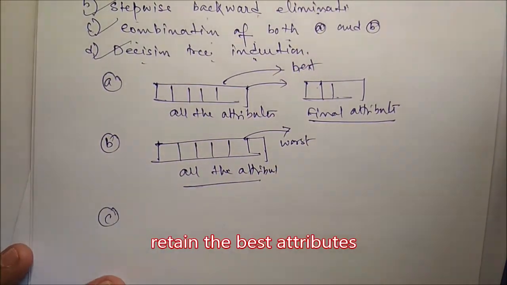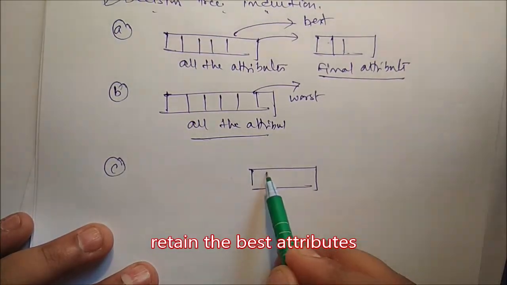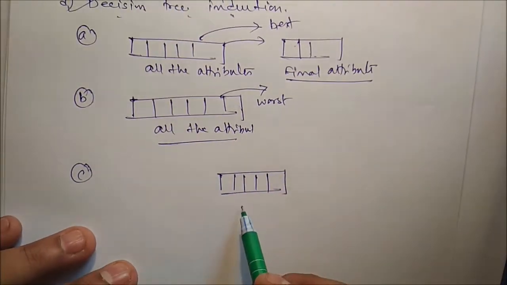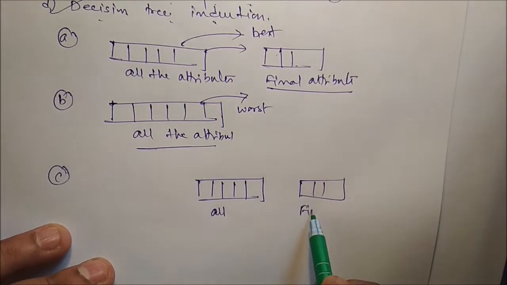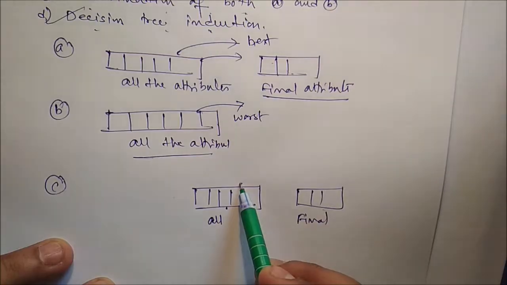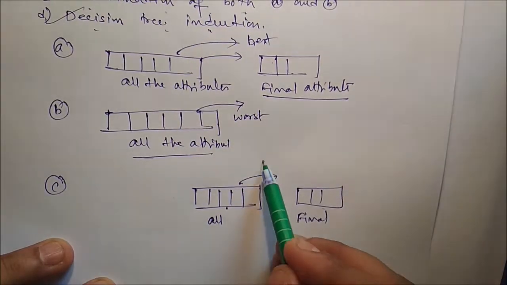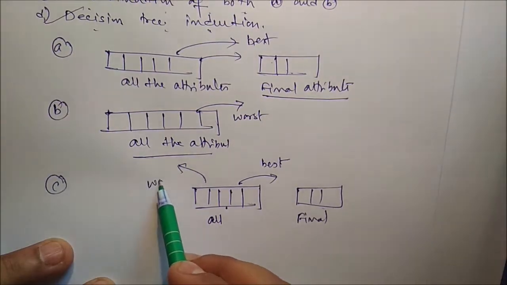In the combination of both, it is a combination of forward selection and backward elimination. Say all the attributes are there, and here is the final attribute set. In this process we select the best one and we discard the worst one.